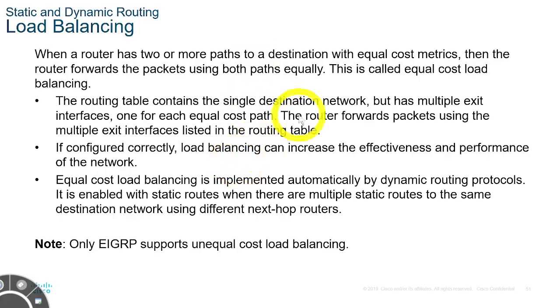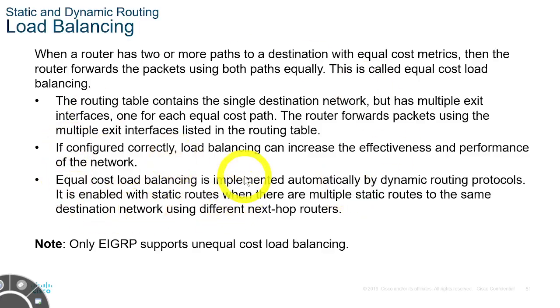In this case, the router should forward packets using these three interfaces, for example. Okay? If configured correctly, load balancing can increase performance and effectiveness. Why? Because if the destination receives three packets, it will not lose any packet, because at least it will receive it from one path or two paths or from three.